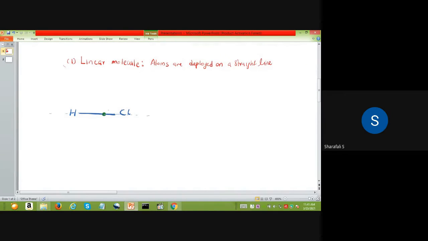Let's say this is the center of mass position. With this center of mass position, we have three different axes. One along this.